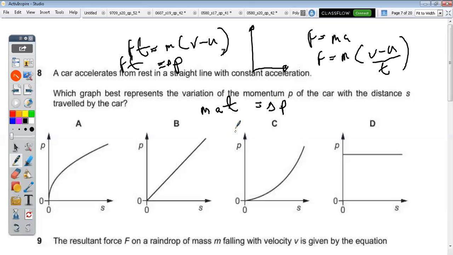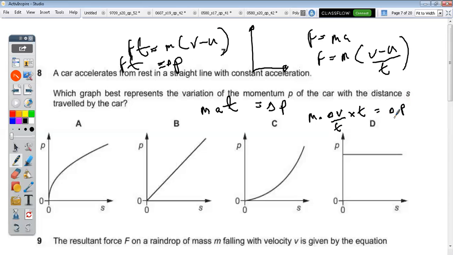And what is acceleration? v over t, change in velocity over t, multiplied by t. And then the t's would cancel out.